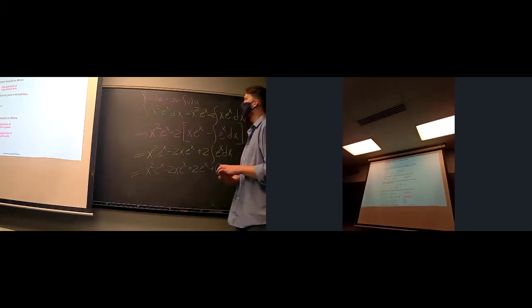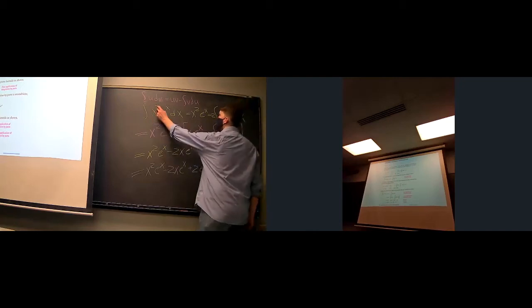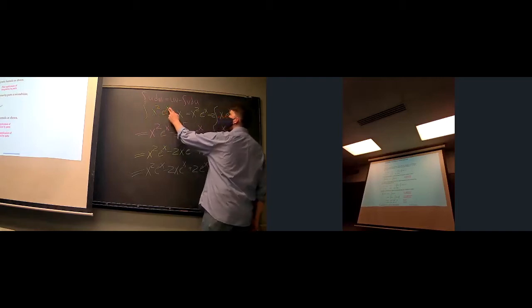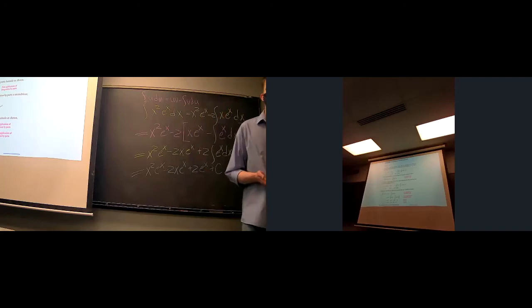A few times you might have to use it with ln's. Generally, the only time I can think of this happening is going to be x raised to some power times either e to the x or maybe the ln of x. And even then, I think in the case of ln of x, it's always going to be just one iteration. Yeah, it should, because that cancels.